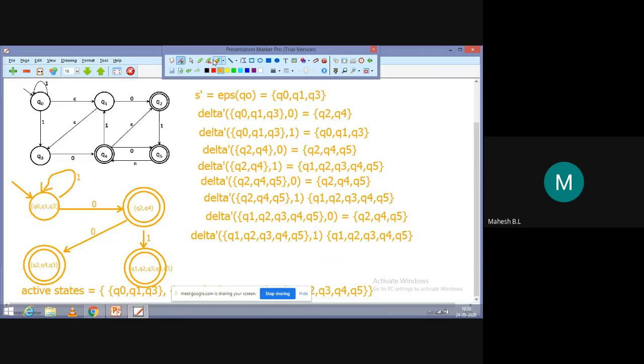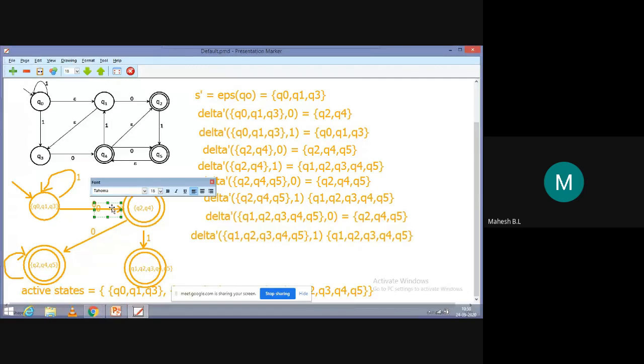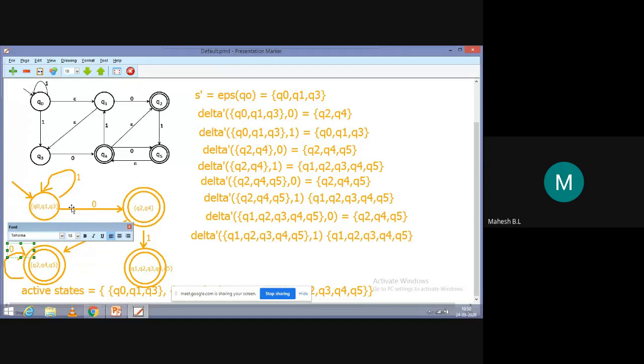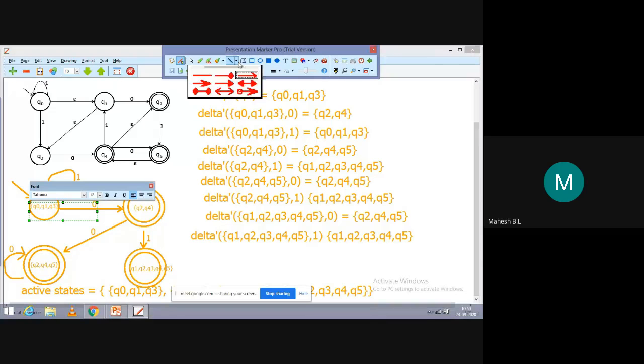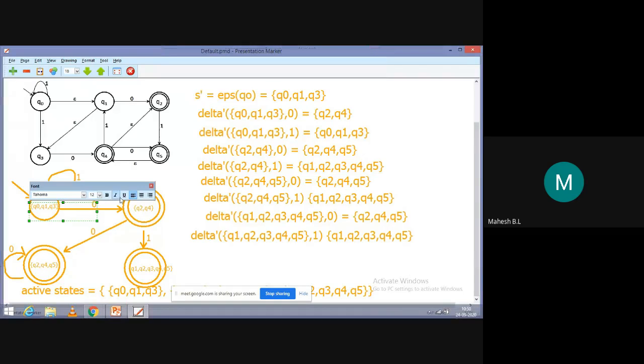It's a self transition. Okay, it's a self transition. So on 0, then Q2 Q4 Q5 on 1 is Q1 Q2 Q3 Q4 Q5.